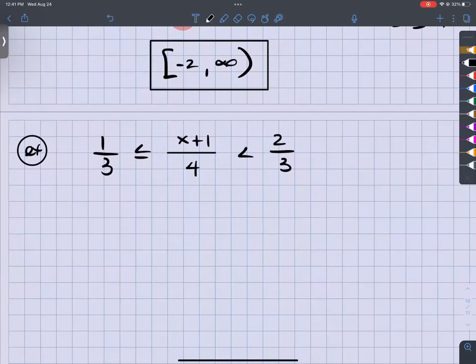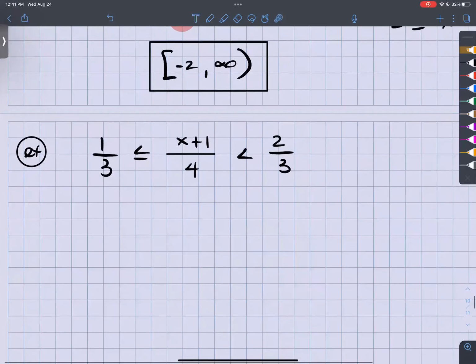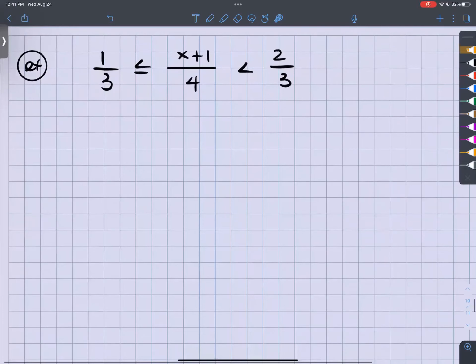So here, you might have it where you're going to have 2 inequalities here. So how would I solve this one? My past students are going to ask me, hey, do the sisters still work here?